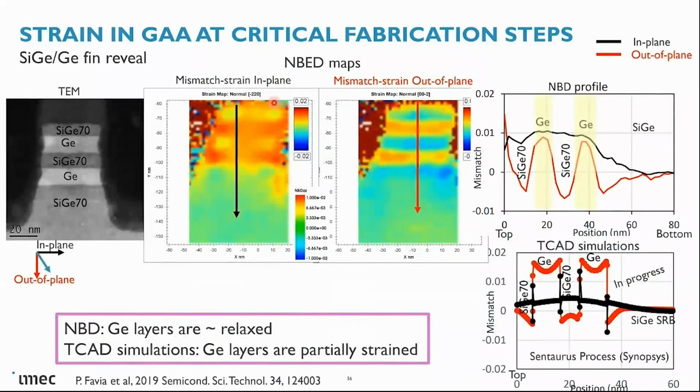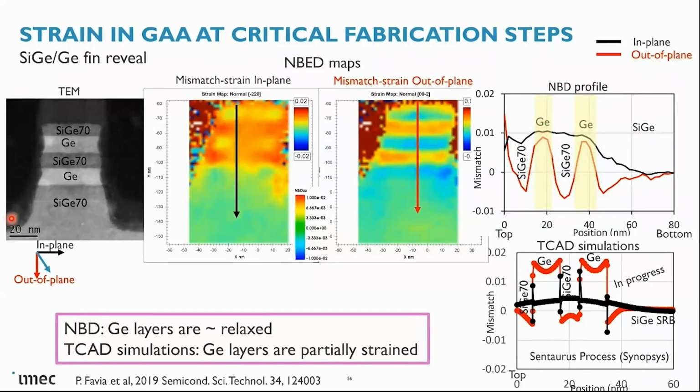So the mismatch maps are indicated here for the in-plane and the out-of-plane. And if we look at the profiles, we see that in the germanium channel, the mismatch is not 0 anymore, which means that the layer has been relaxed.